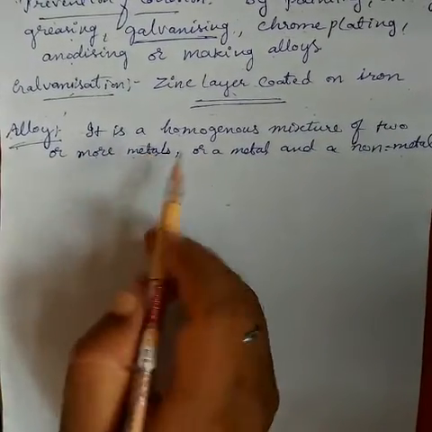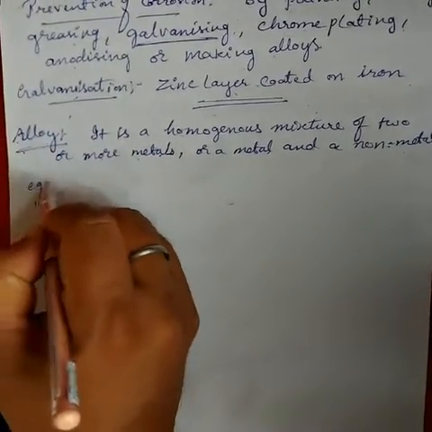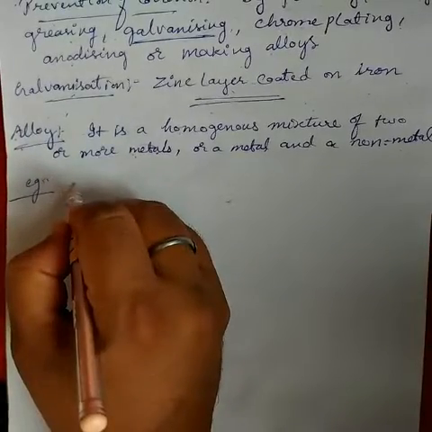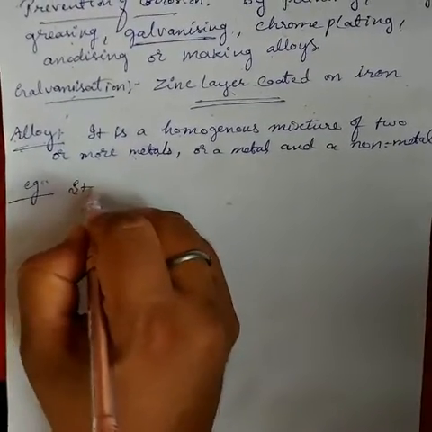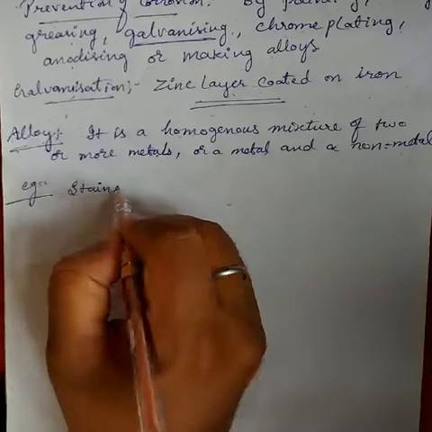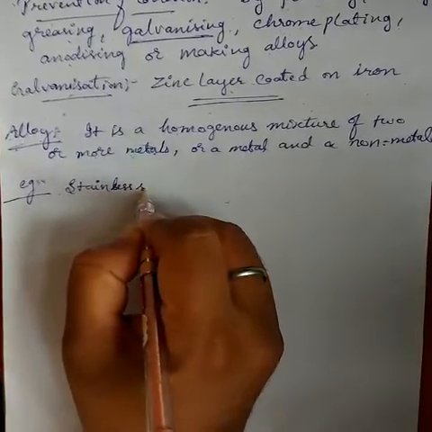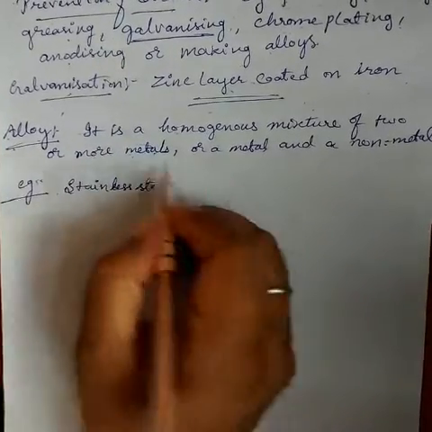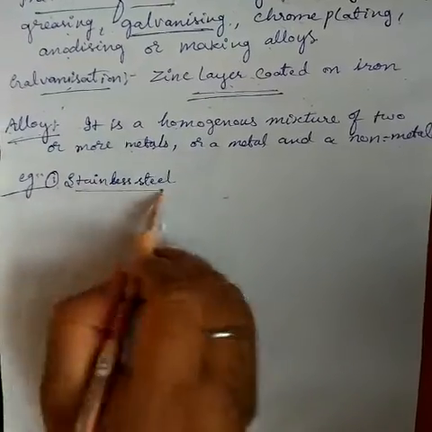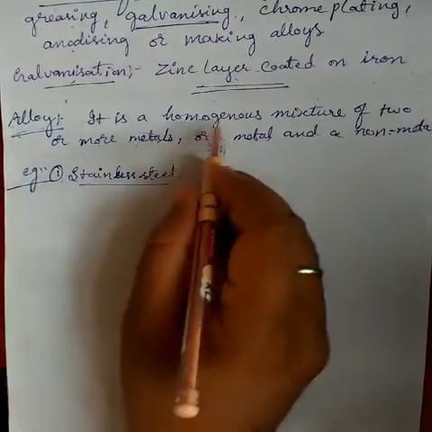For example, of an alloy is stainless steel. So it is an example of an alloy.